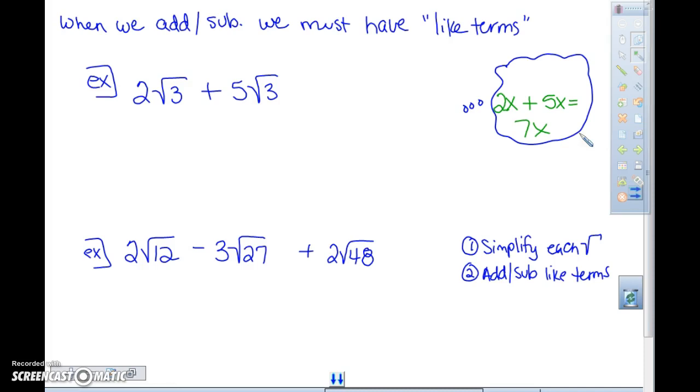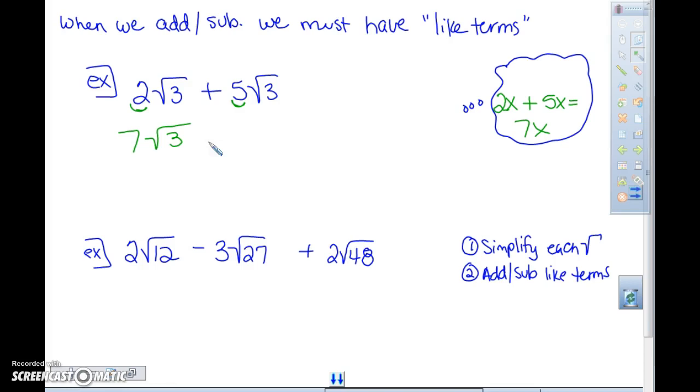You want to check to see, do you have the same index? We do. We have the same radicand, the 3, so it's possible to add these together. So what we really want to do is look at the 2 and the 5, and we would get 7 square roots of 3. Just combining like terms.